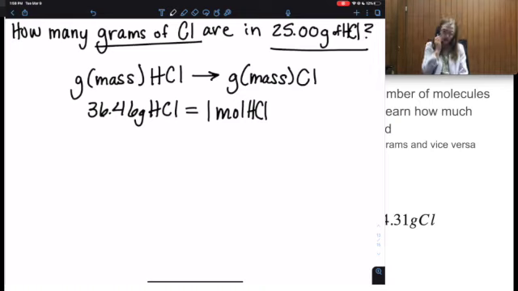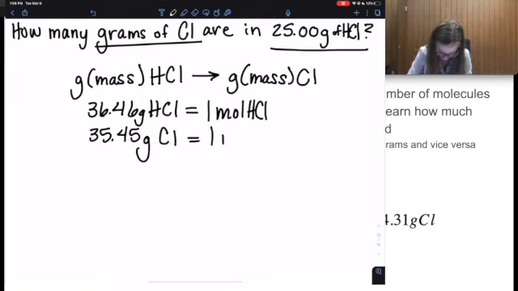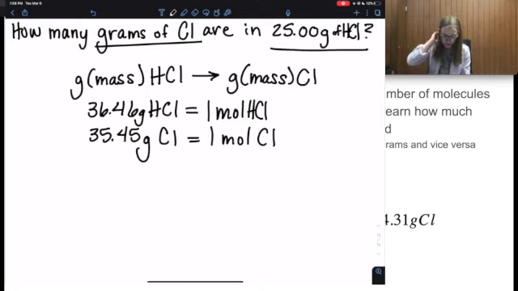Okay, and then I also know that at some point I'm going to have to convert between grams of chlorine and moles of chlorine. So I'm going to need the molar mass of chlorine as well, which is 35.45 grams of chlorine for every 1 mole of chlorine, okay? So I've got these two pieces of information.